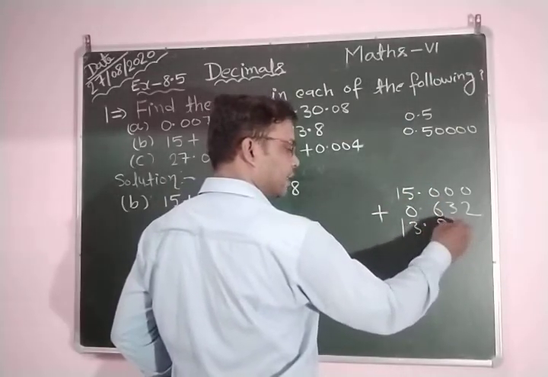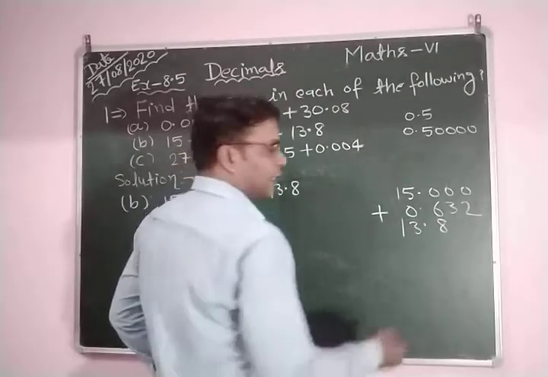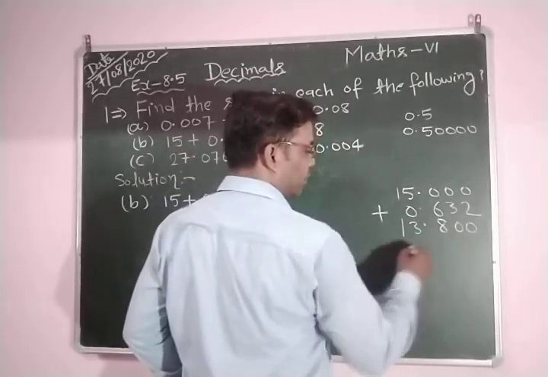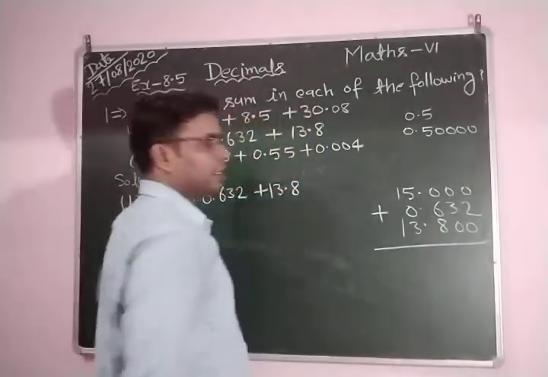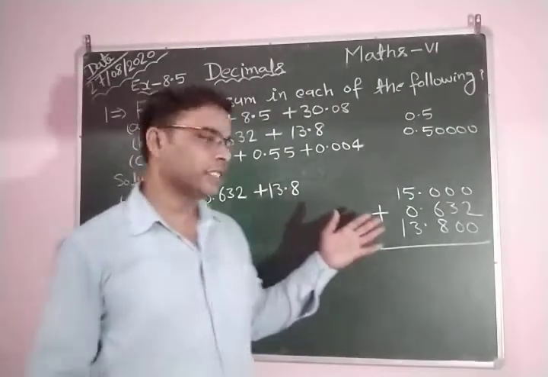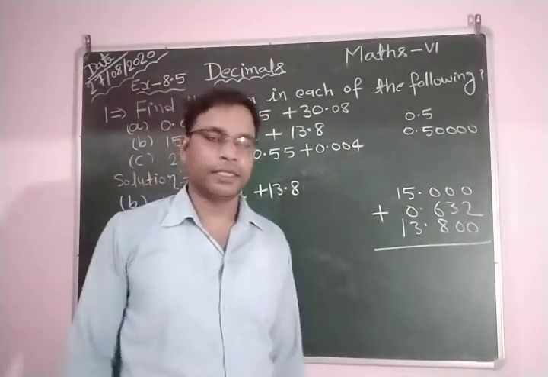You can write 13.8 as 13.800. In this way you can make the given decimals like decimals.